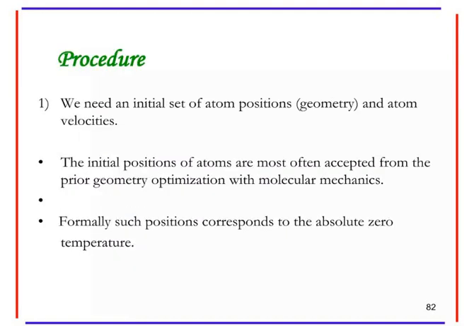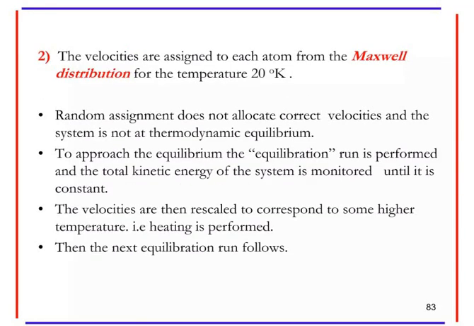The procedure: we need an initial set of atom positions, the geometry, and atom velocities. The initial positions of atoms are most often taken from a prior geometry optimization with molecular mechanics, and formally such positions correspond to absolute zero temperature. The velocities are assigned to each atom from the Maxwell distribution for the given temperature.